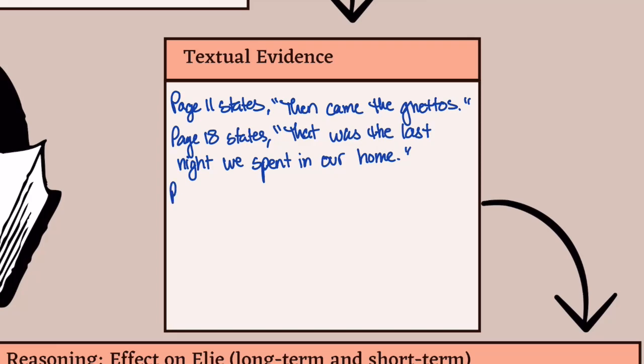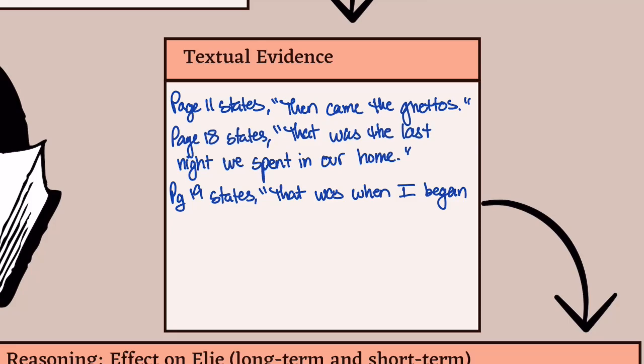And then we have a final piece of evidence here on page 19. "That was when I began to hate them." Right? We slowly start to see Eli's innocence and his childhood begin to fade away here, right? This was like the first example of seeing Eli's childhood and innocence start to go away.